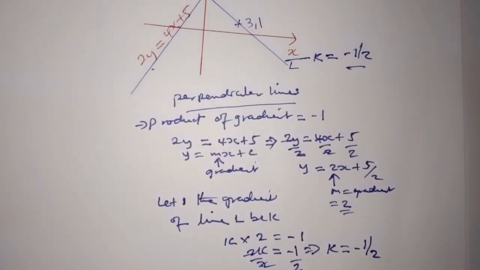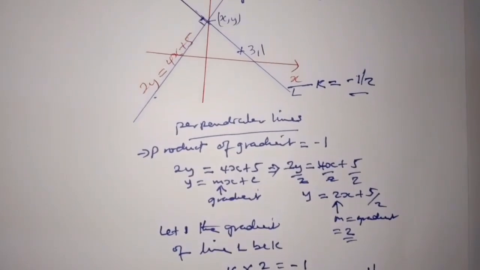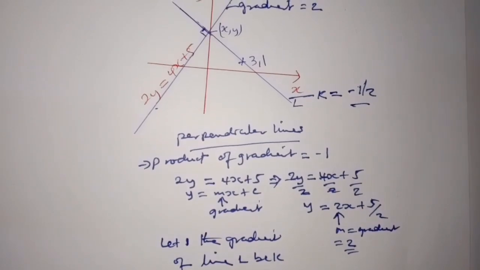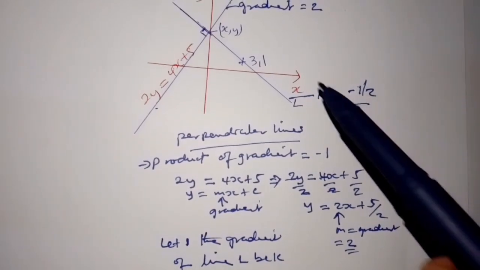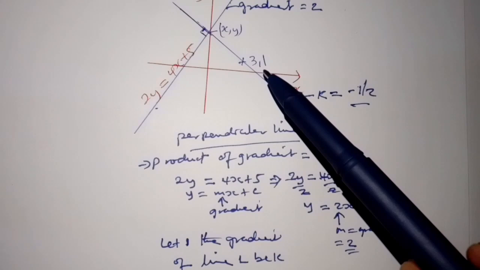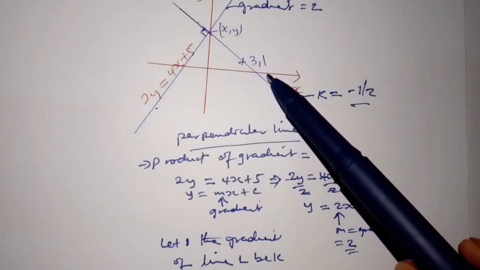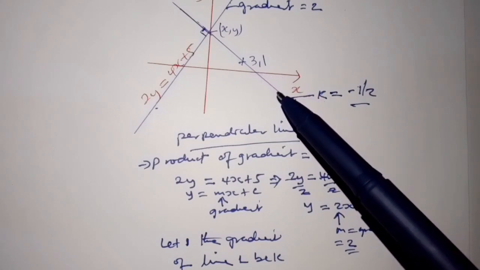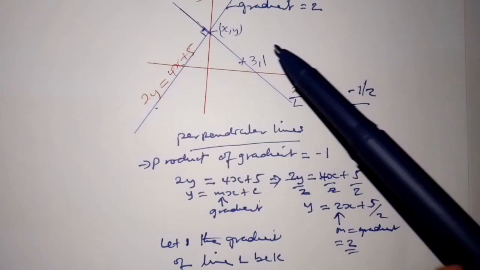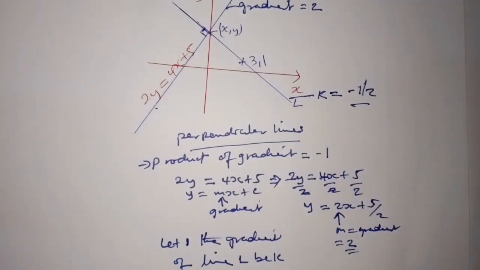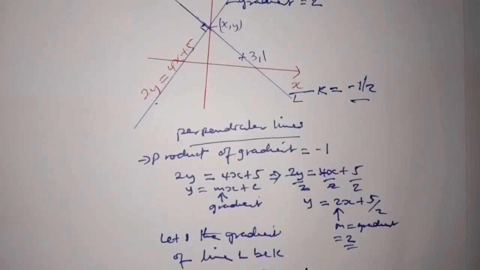We can take 2 points in line L. One given point is (3, 1). We can take another point (x, y).